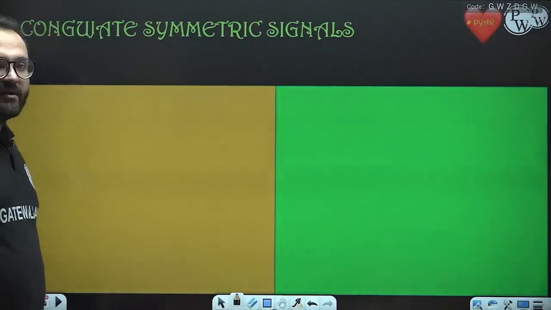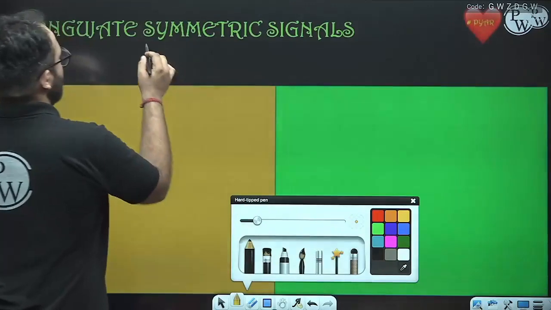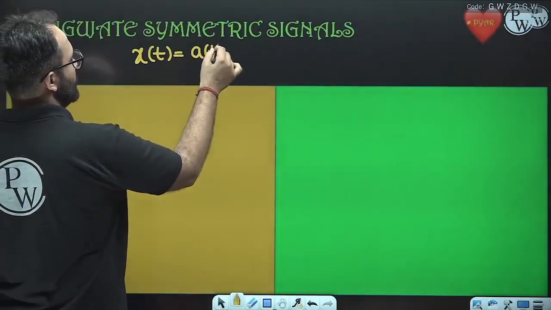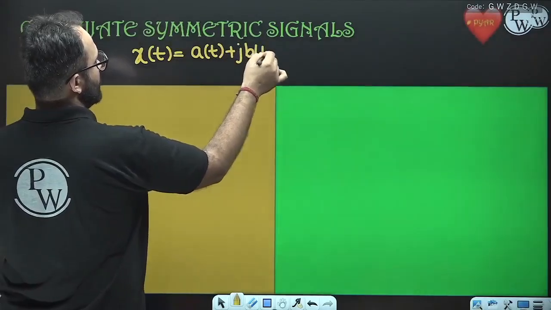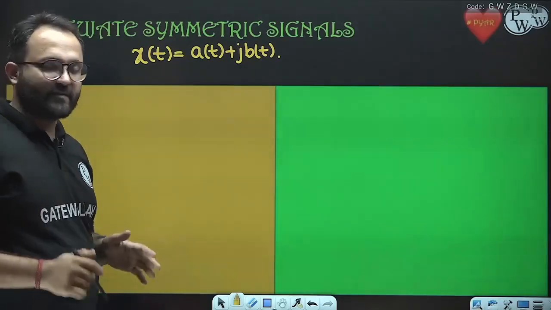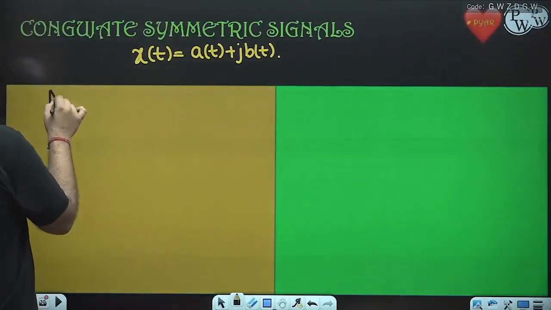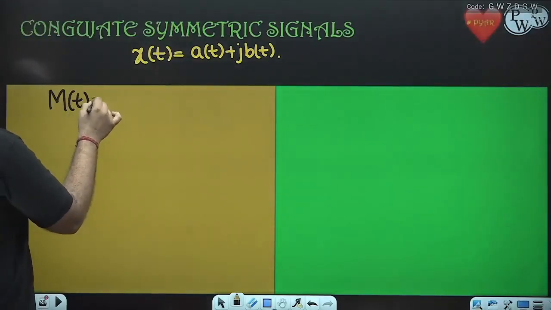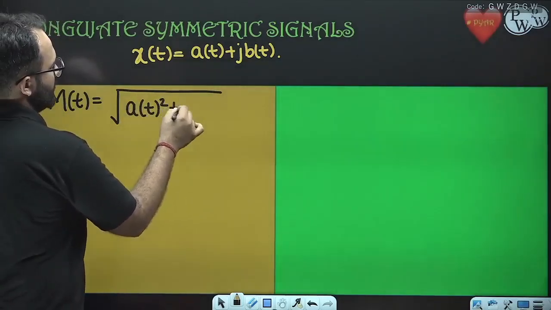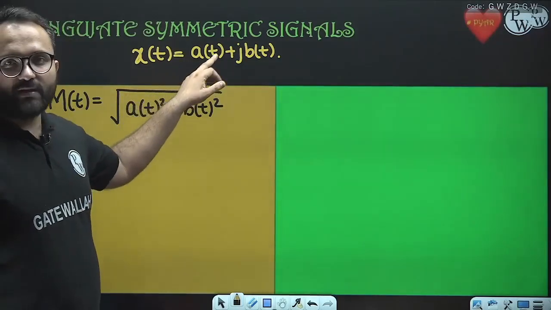Second is again conjugate symmetric properties. Suppose we have a complex number a(t) plus j b(t). Now how to find the magnitude of a complex number? The magnitude M(t) is equal to the square root of a(t) square plus b(t) square, the square root of real part square plus imaginary part square.